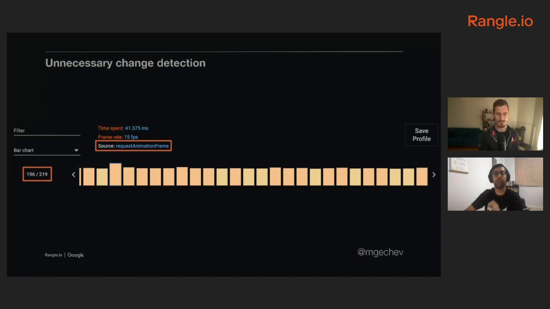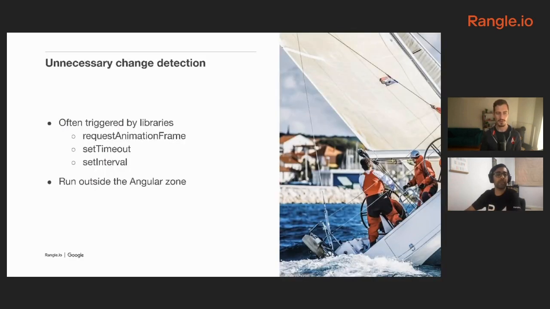Usually when people face this issue, it is mostly due to triggers by third-party libraries. So let's say you're using a library that is rendering stuff on an iframe, and it is performing this rendering on every animation frame so that it can re-render the entire canvas.